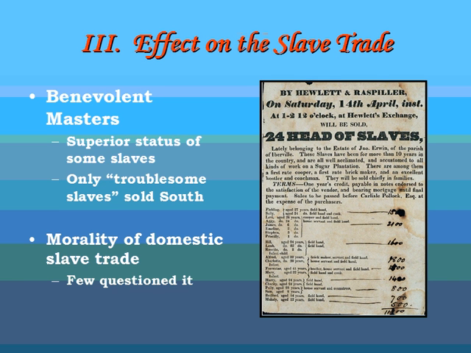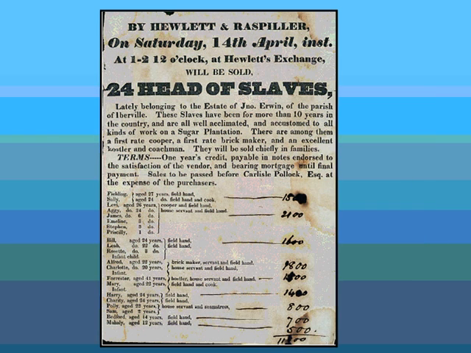In terms of this trade that goes from the Upper South to the Deep South, very few Americans question it in the South. And you can see here's a graphic of a slave auction.